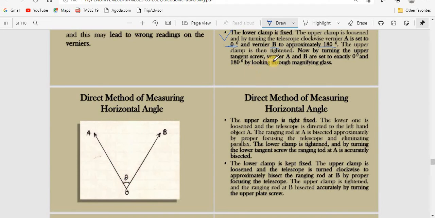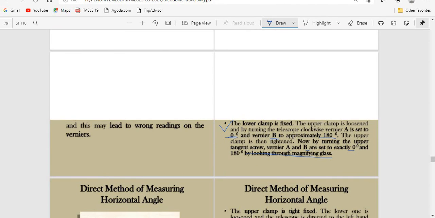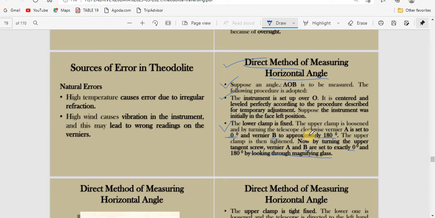Now in order to measure the horizontal angle, you will have to release the upper clamping screw, turn the telescope towards B and bisect point B exactly. The upper clamp is then tightened. Now by turning the upper tangent screw, verniers A and B are set exactly at 0 and 180 degrees by looking through the magnifying glass. First you set your vernier approximately at 0 and 180 degrees by fixing the lower clamp and releasing the upper clamping screw.